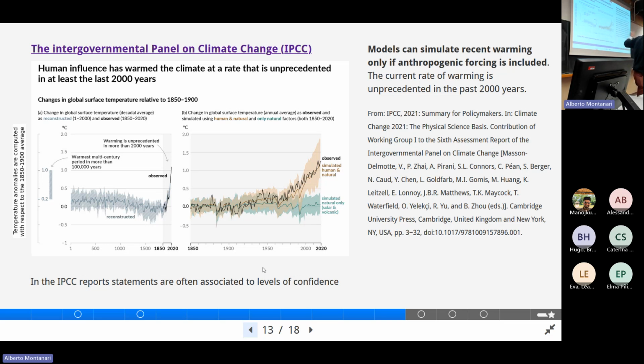In this simulation here, you see that the uncertainty band is quite small around the data, encompassing the data, first of all, which means that the model is good, and the band is quite thin, which means that also uncertainty is not relevant.